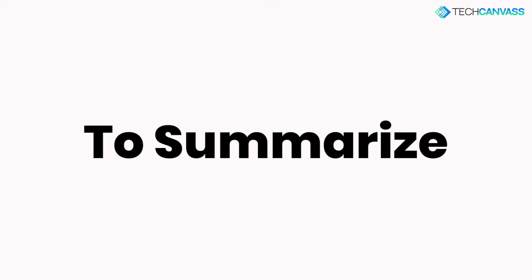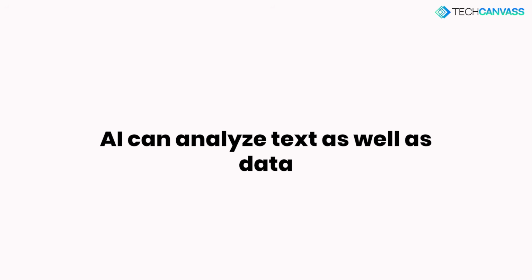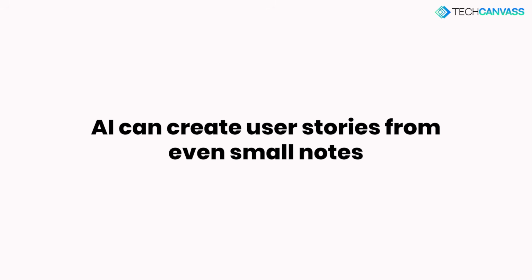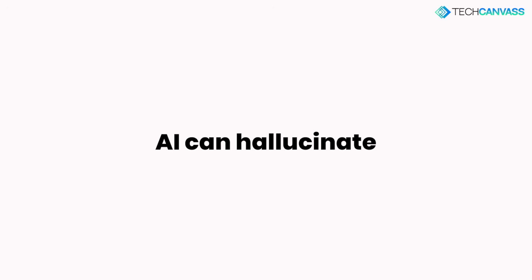Just to summarize before I end this video, AI is extremely good at reading and understanding text as well as data. It can help business analysts create user stories from a short note as well as from long texts such as meeting transcripts. But you have to remember, AI can make mistakes as it hallucinates and does not have analytical capabilities as humans.